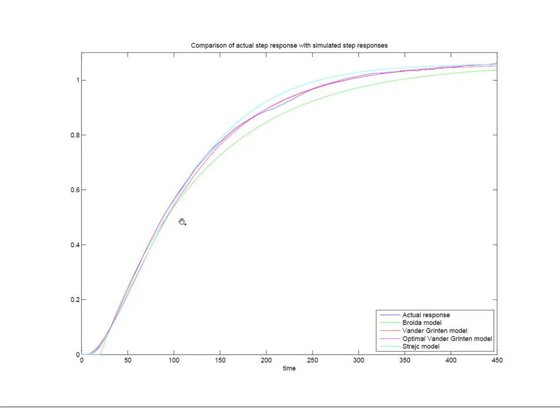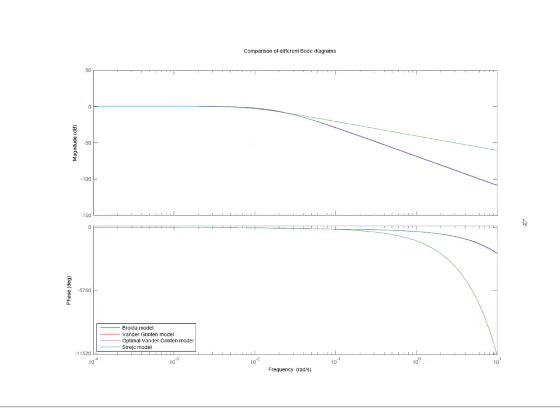And of course then you should discuss the differences. You can have a look here at what happens at the start, and well, have a look at the differences that you see with respect to the experimental data. And in terms of comparison of the different Bode diagrams, this is how it should look like.